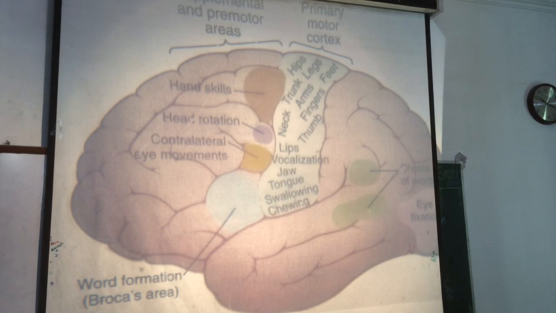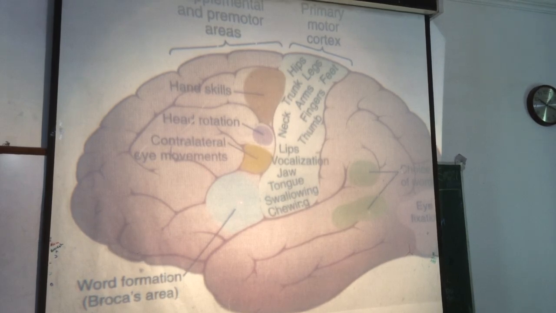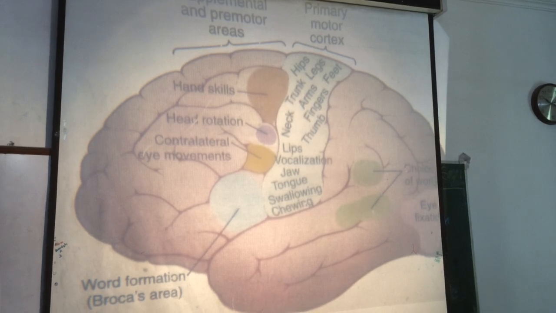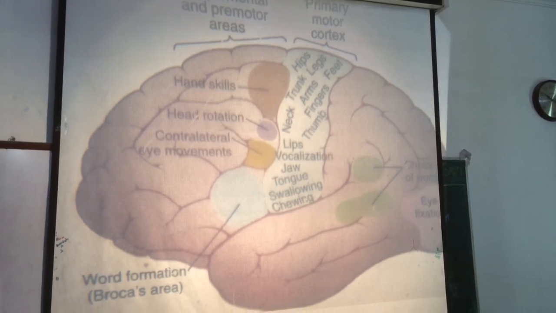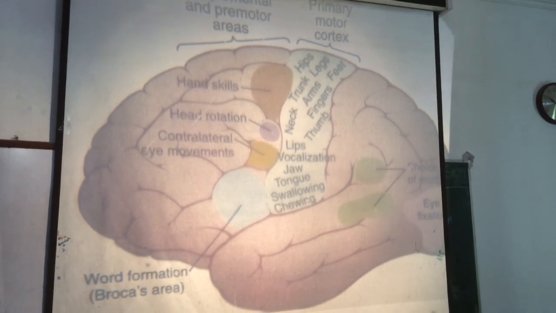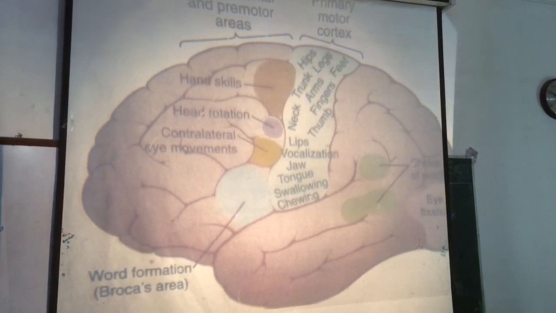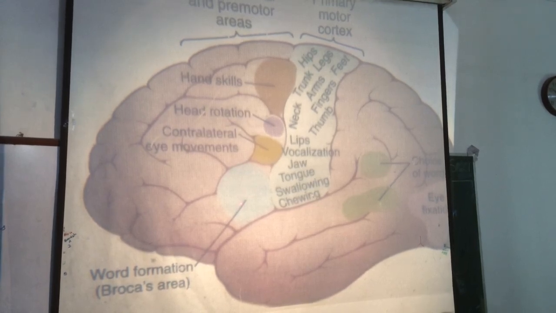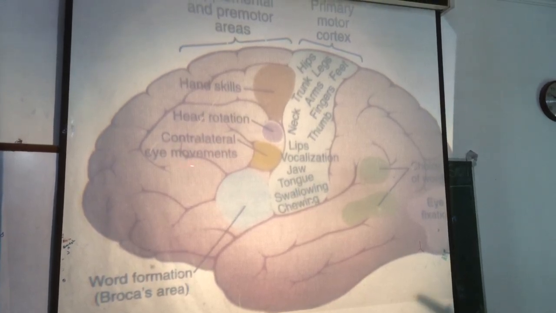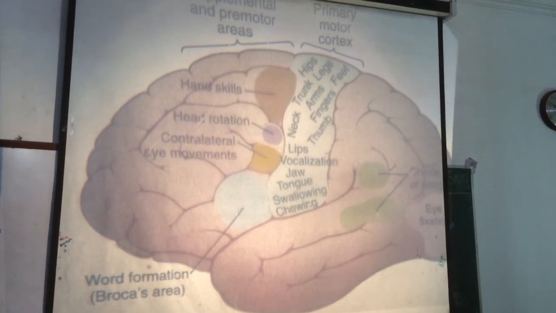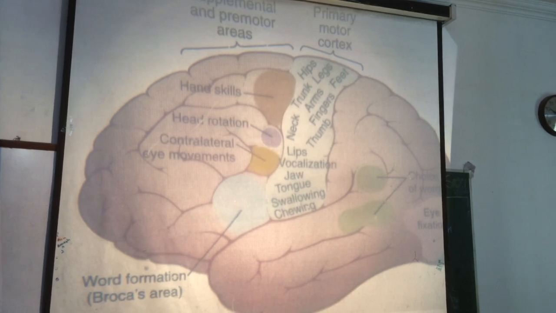So what is the function of Broca's area? Formation of detailed motor pattern for the contraction of muscles of phonation and articulation.